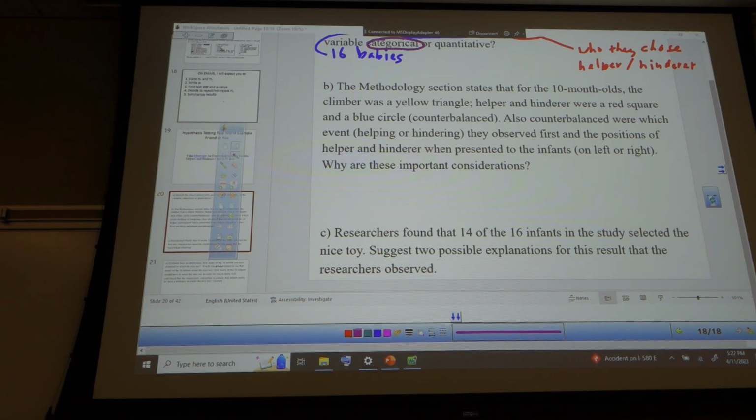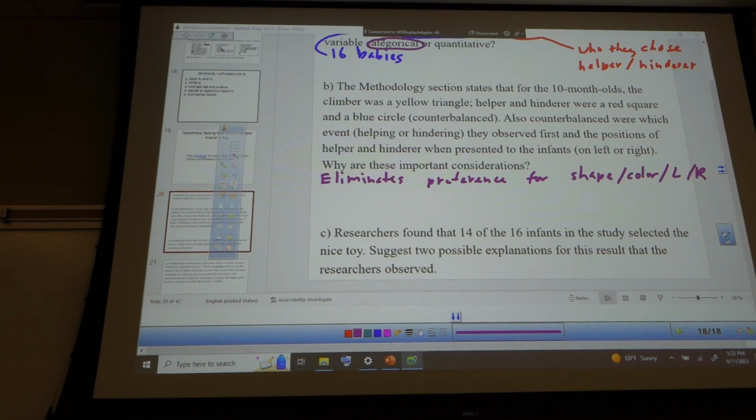So basically it eliminates the preference for shape or color, or left or right. Does that make sense? Left side or right. Maybe they always like the left side or whatever. So it kind of helps all those things.